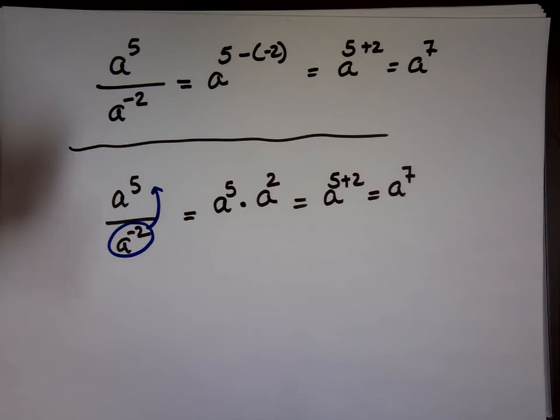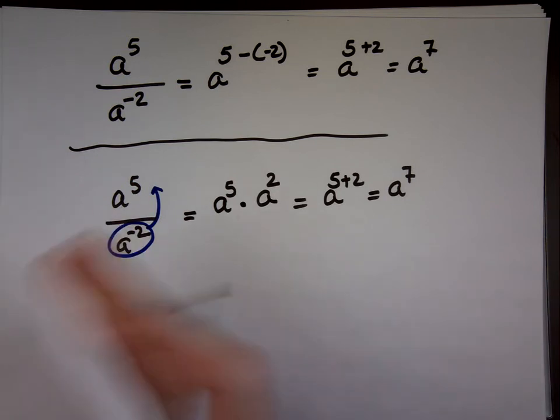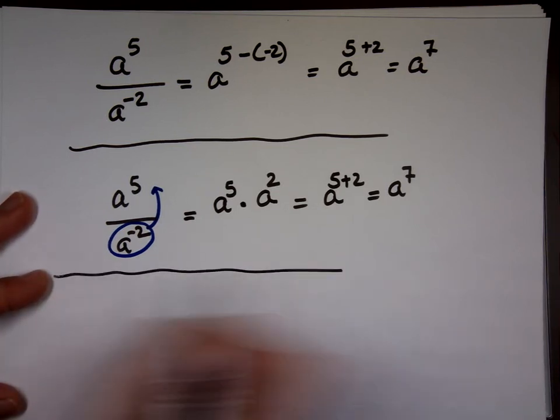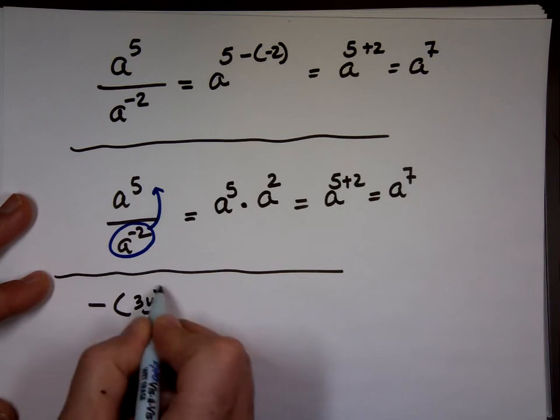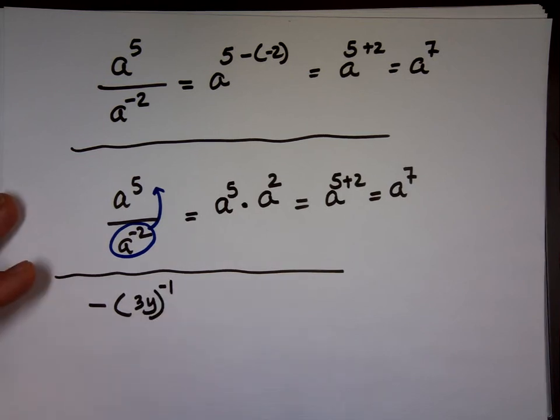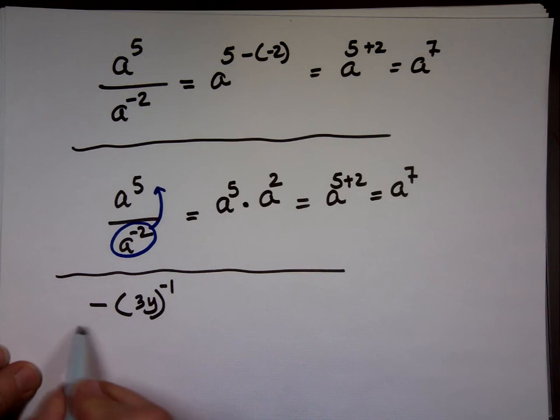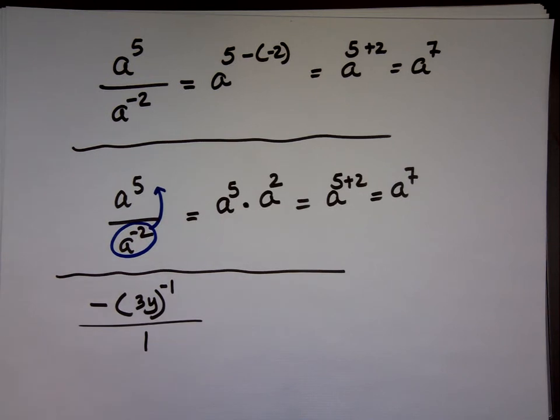We will get crazy with negative and positive exponents. Right now your book is just going over the properties just to make sure you understand them. Like they might give you a problem like this. Negative 3y to the minus 1. They go, what is that? Now, it's not a fraction. You can make it a fraction if you want to. Now, again, who is raised to the power of negative 1? 3 and y?